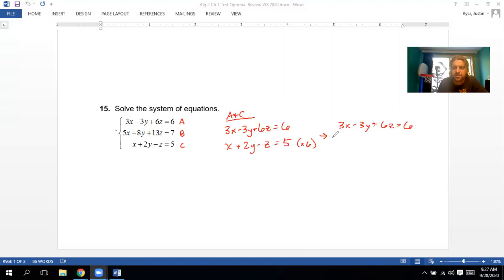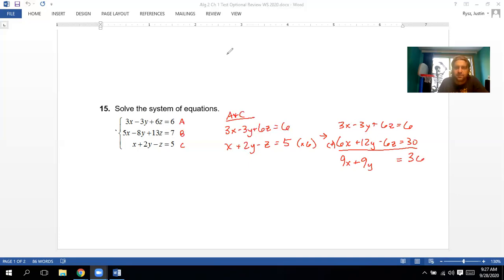So the top row doesn't change. The bottom row, when I multiply this by 6, I get 6x, 12y minus 6z equals 30. We'll add them up. And let's see, I would have 9 x's then, and I would also have 9 y's, and the z's go away, and this would be 36.